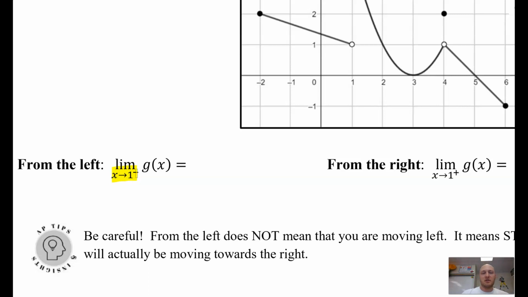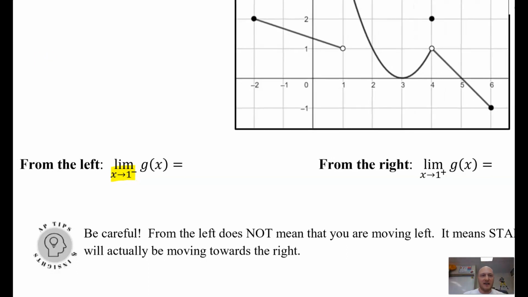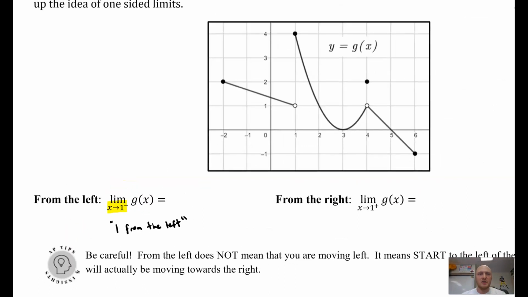So here we say the limit of g of x as x approaches 1 from the left. That's what the negative sign means. From the left, as I approach 1, my y value is 1. So the answer would be 1.